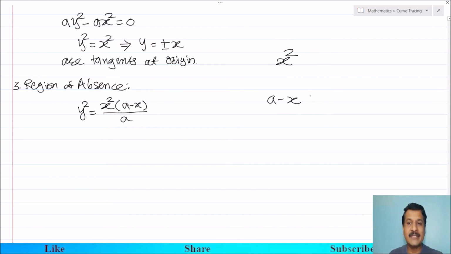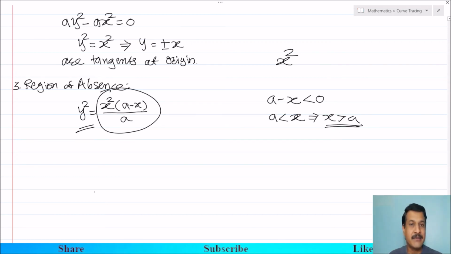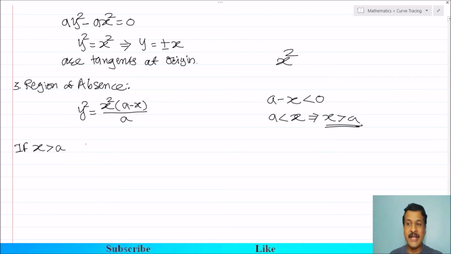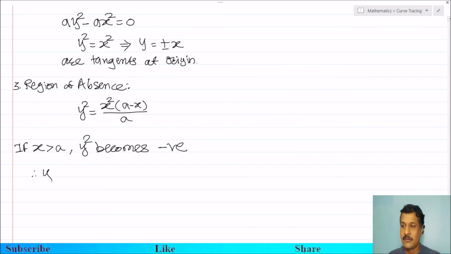So when a minus x is less than 0, means negative. When a is less than x, which implies x is greater than a, then this becomes negative. And when this becomes negative, y square becomes negative. And that is why I can write here, if x is greater than a, y square becomes negative and therefore y becomes imaginary.